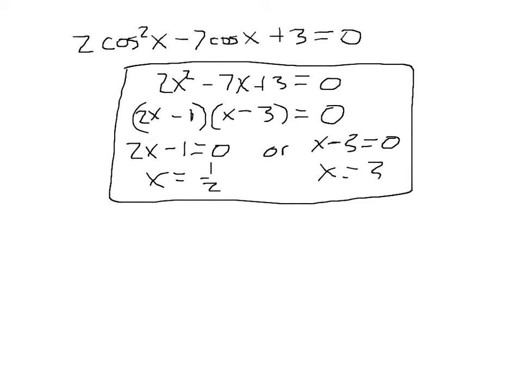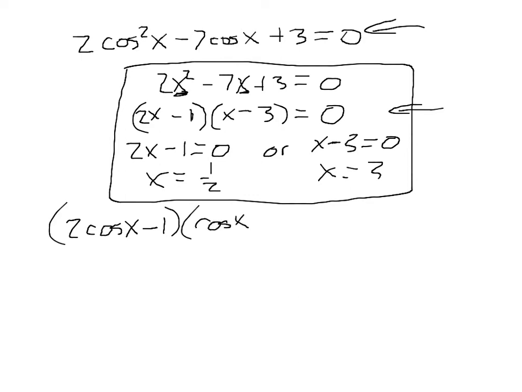And so we're going to think of this cosine x as being the x in this statement here. And so we need to recognize this equation as being factorable, just like the algebraic one below it was. And so it factors into 2 times the cosine of x minus 1 times the quantity cosine x minus 3 equals 0.